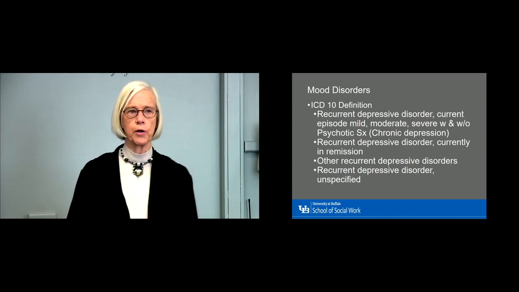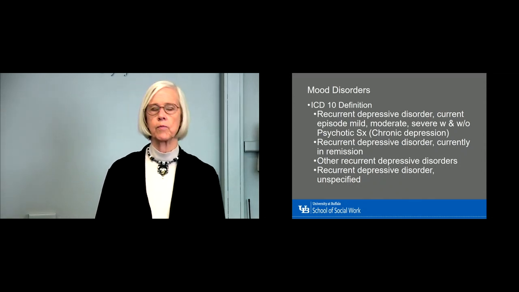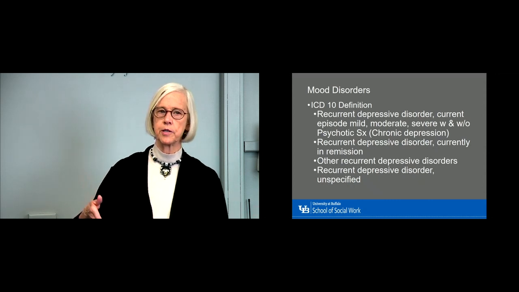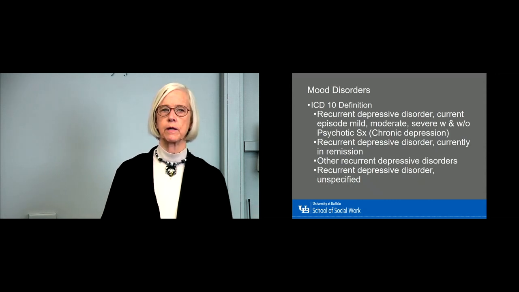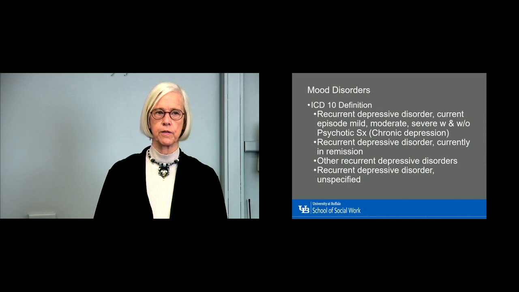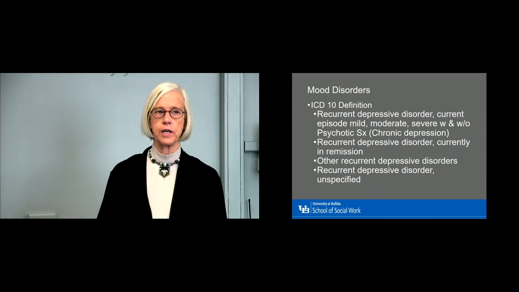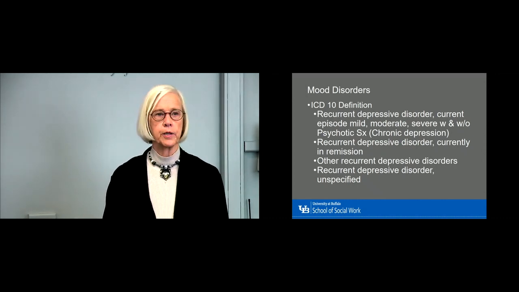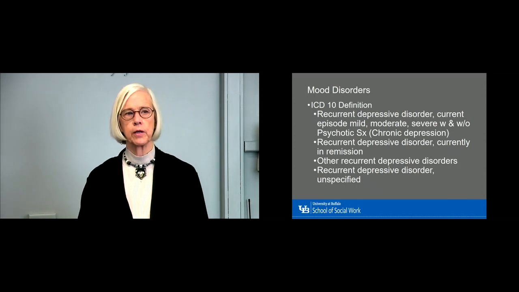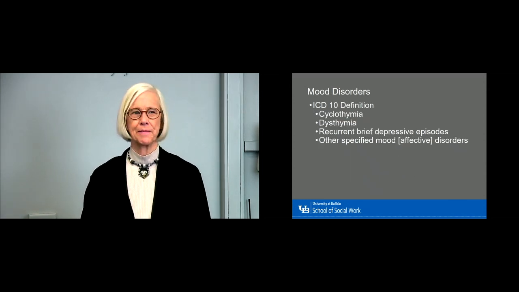And in recurrent depressive disorder, you might want to consider when somebody has a pattern where every month at a particular time they crash and have a severe depression, but they never have a hypomania and they never meet duration. Again, you want to talk about the periods of remission. Other recurrent depressive disorders include unspecified, my favorite.